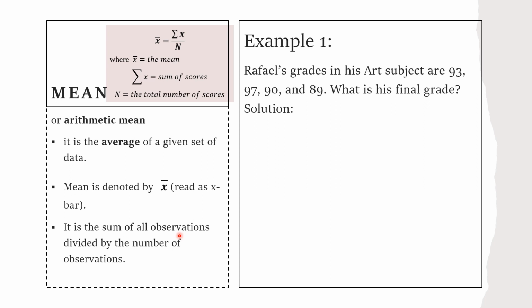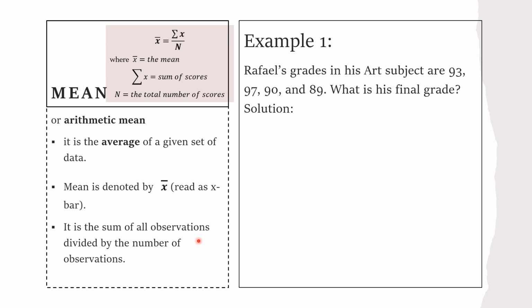When you say observations, these are the scores or the values in the set divided by the number of observations. In symbol, X bar or the mean equals the sum of X, the sum of scores, divided by N, which represents the total number of the scores, observations, or values.